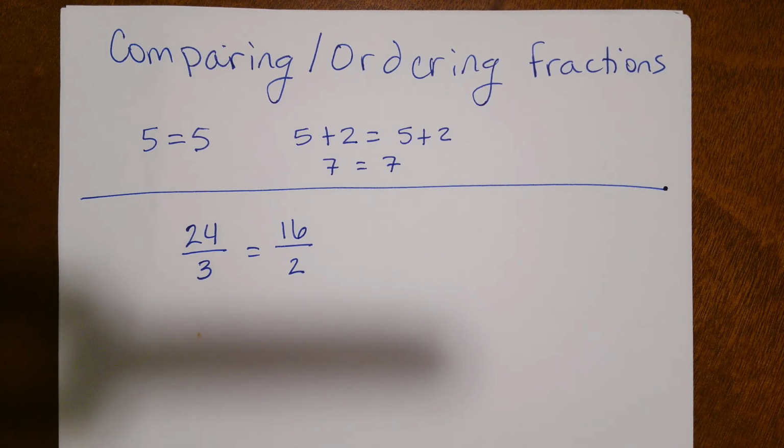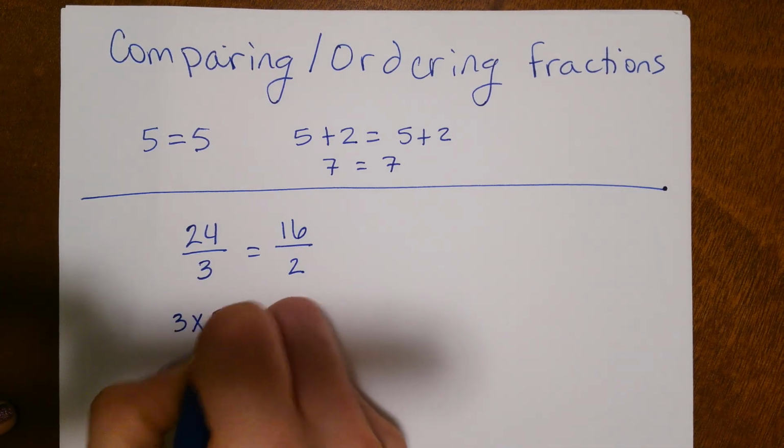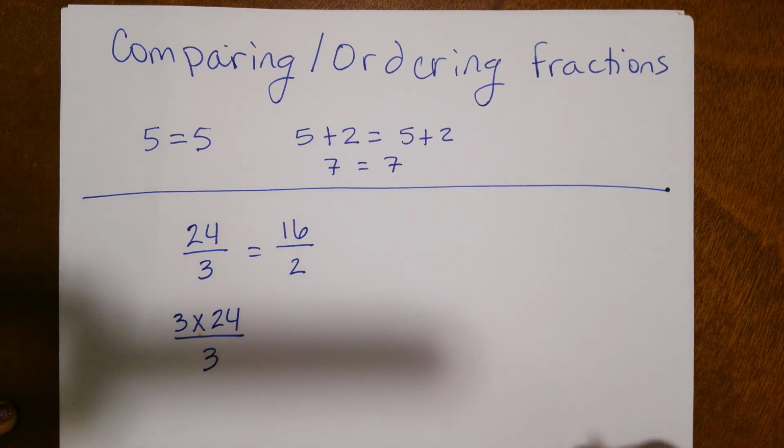And again, what I do to one side, I have to do to the other. So I'm going to start by multiplying both sides by 3, right? I want to multiply the left by 3, and I want to multiply the right by 3. So if I multiply the left by 3, I get 3 times 24 over 3.